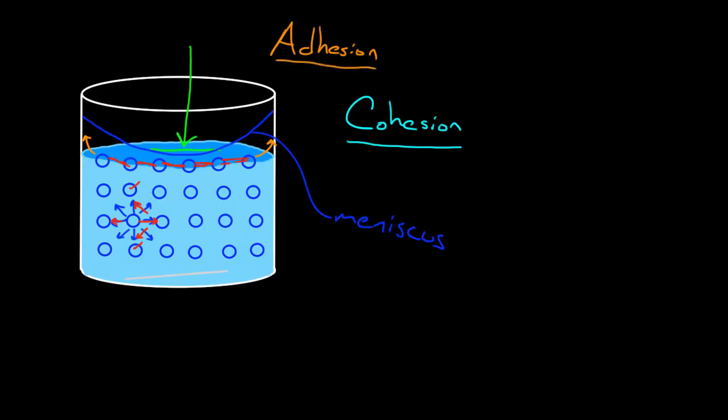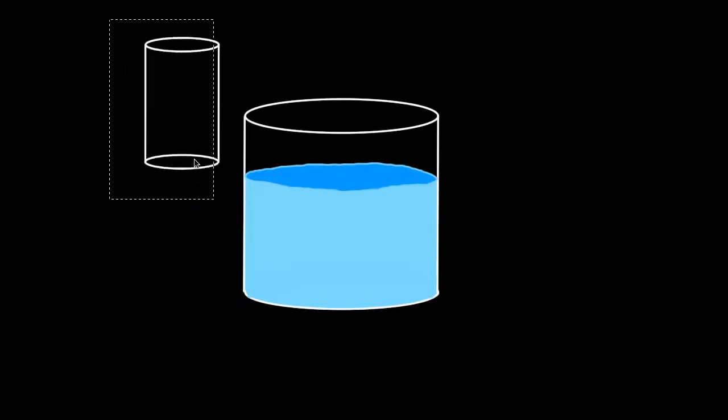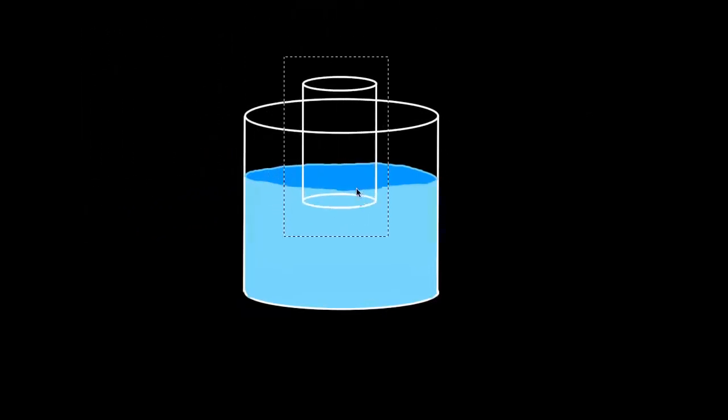This adhesion force is important. It causes something called capillary action. If you have a container with liquid, say water, and you put another container in it like a straw, you'll see that because the liquid is attracted to the walls of this inner container, it doesn't just stay at this level, it'll rise above. It pulls up a little bit above the surface level of the water.